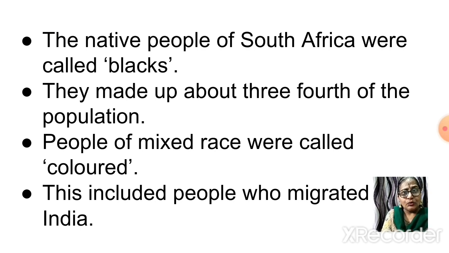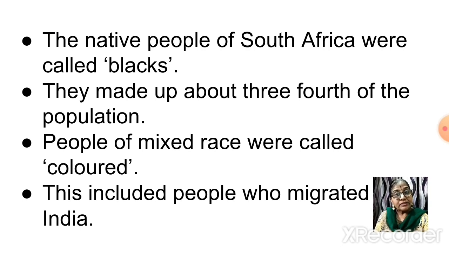Besides these two, the whites and the blacks, one more group was there, that is the mixed race. So we had whites, the European traders who became the local rulers, and the blacks, who were the local people of Africa.